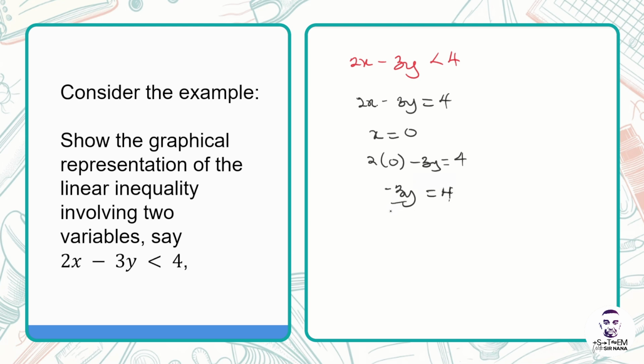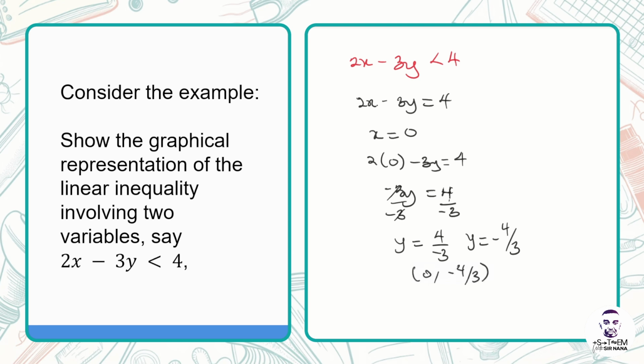Then we divide both sides by negative 3, so y is equal to 4 over negative 3, which we could write as negative 4 over 3. So the ordered pair of points can be 0 and negative 4 over 3.